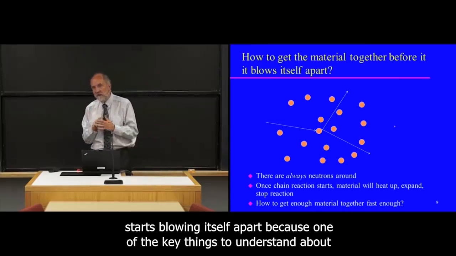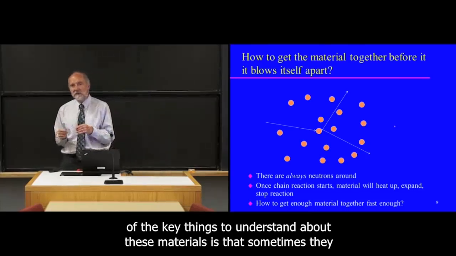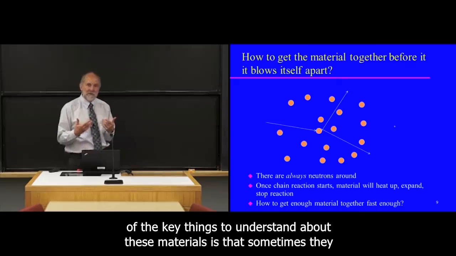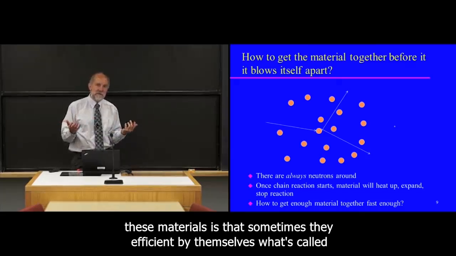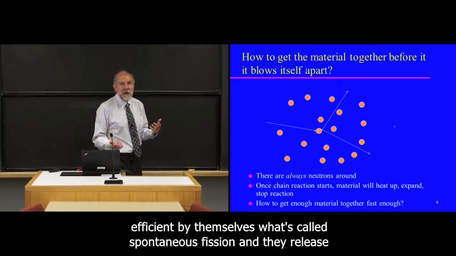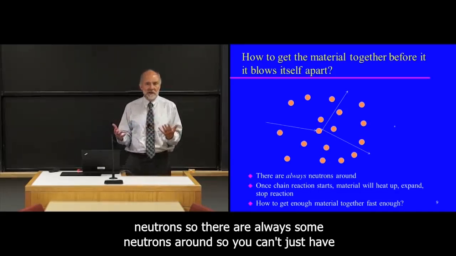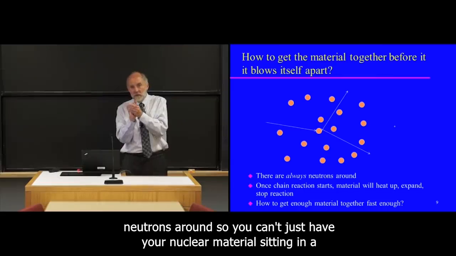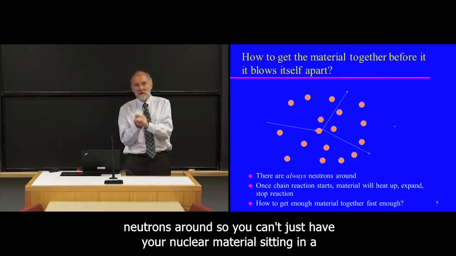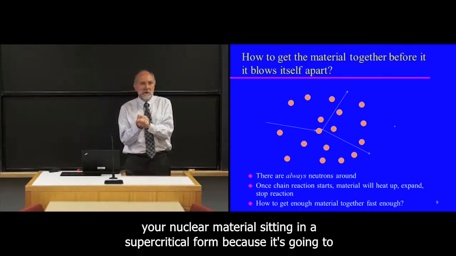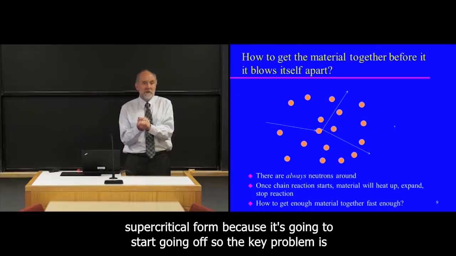Because one of the key things to understand about these materials is that sometimes they fission by themselves, what's called spontaneous fission, and they release neutrons. So there are always some neutrons around. So you can't just have your nuclear material sitting in a supercritical form, because it's going to start going off.